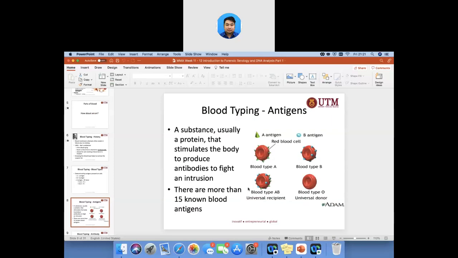But in our case for blood typing, you see that blood type A would have an A antigen, blood type B would have a B antigen, blood type AB has both A and B antigens, and blood type O would not have any antigen. So blood type AB is called the universal recipient, while blood type O is called the universal donor.